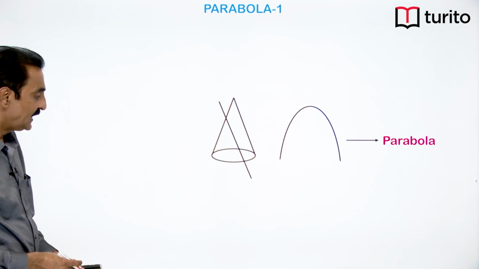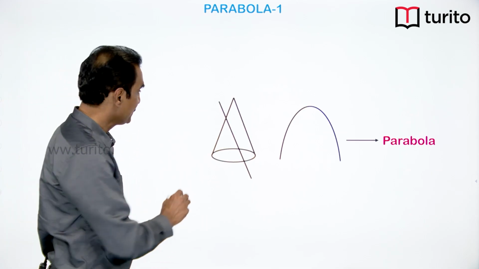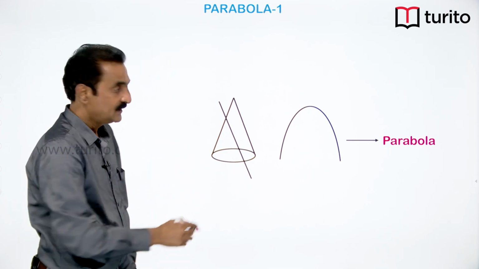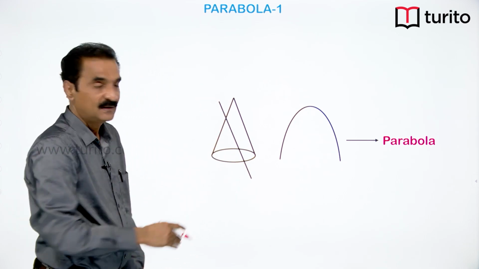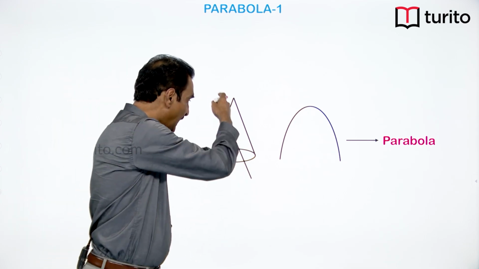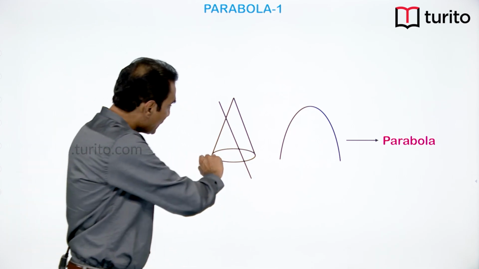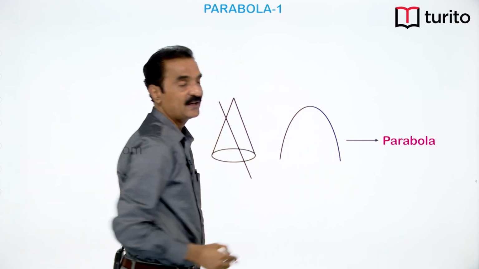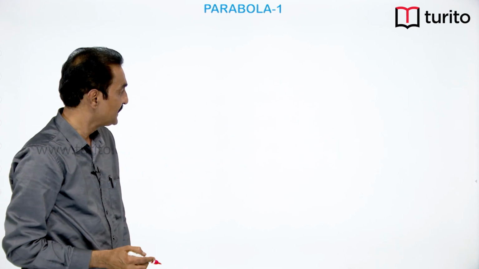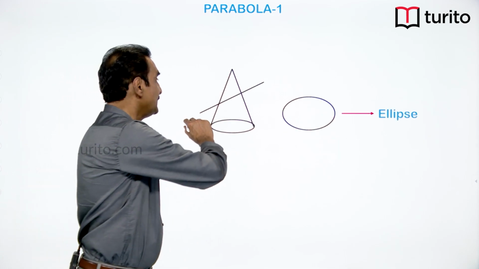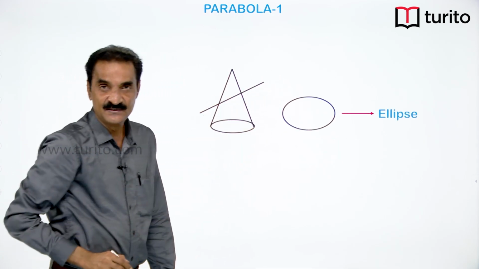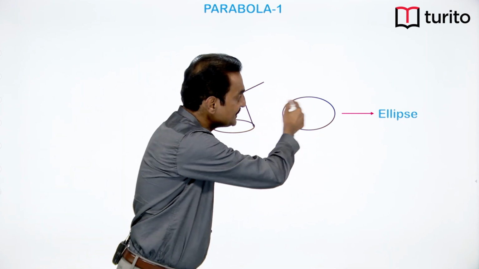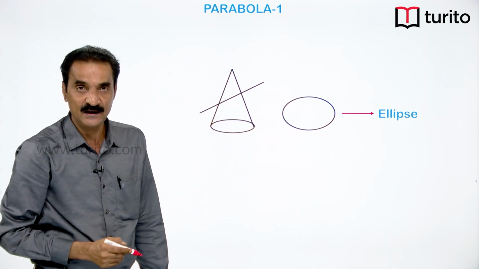Next, again separately, this is a cone, and this is a plane cutting the cone parallel to the slant height. Then the cross section is a curve like this, called a parabola. Next, if the cone is cut by a plane like this, then the cross section is a curve like this, it is an ellipse.